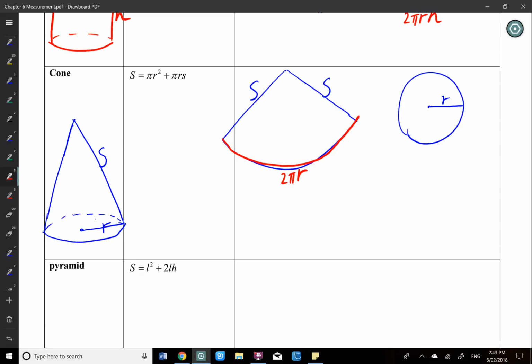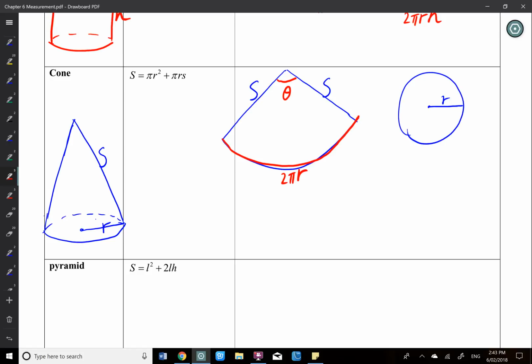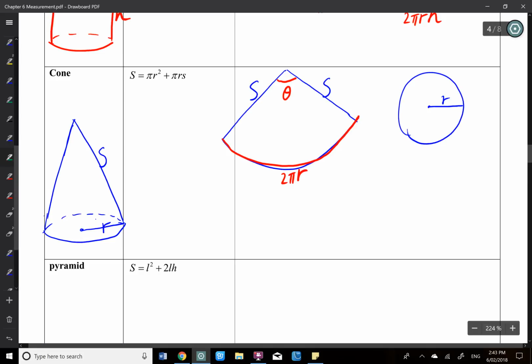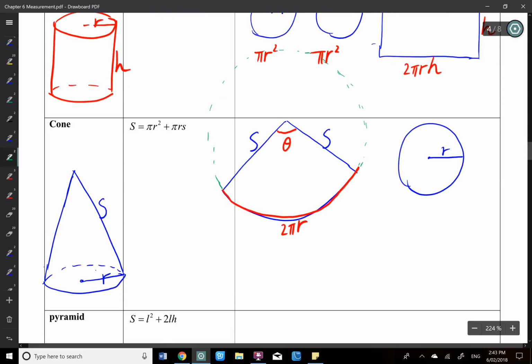If that's 2 pi r, we can think about something like this. If I say this angle is theta, do you remember how we calculate the arc length? It was the proportion of the circle compared to the whole circle, times the whole circumference of that circle. So let's make that back to a whole circle. I just draw a really big circle.